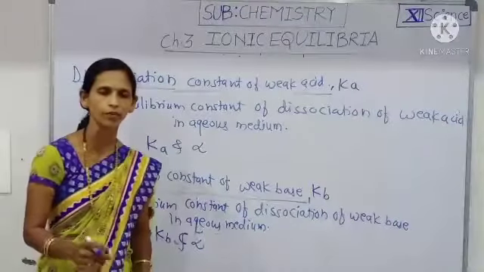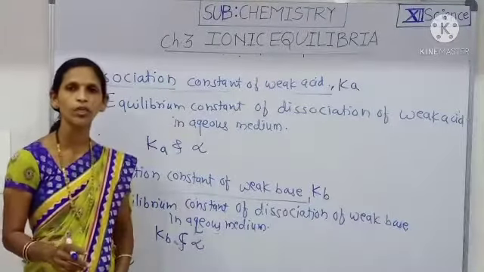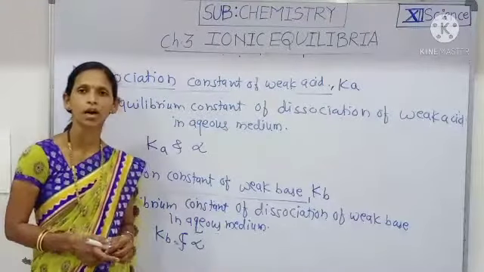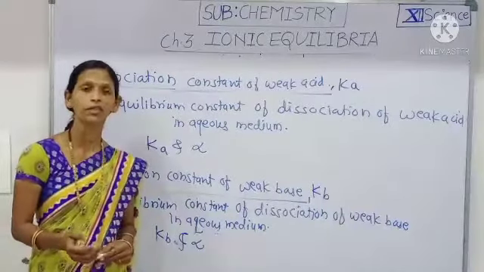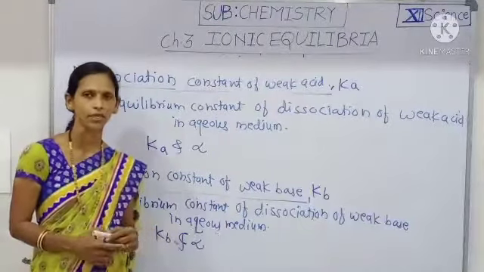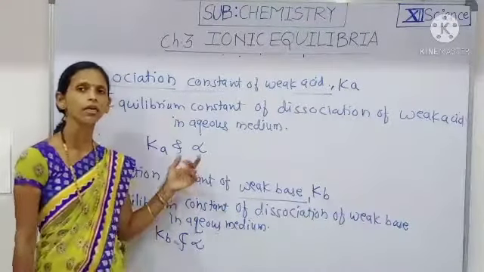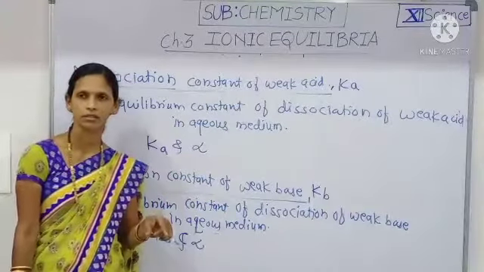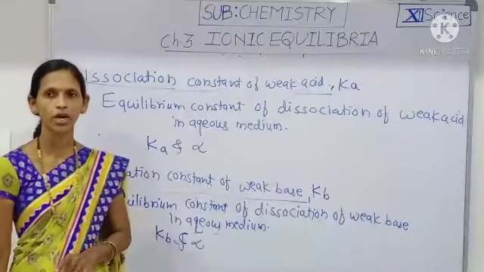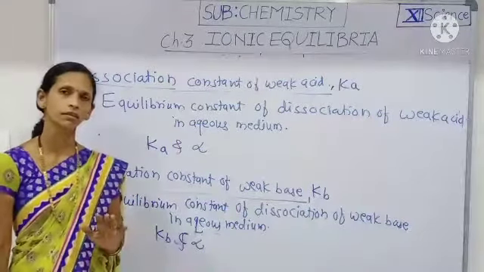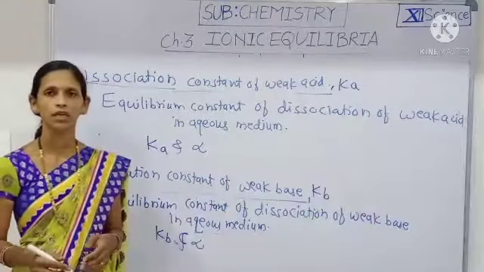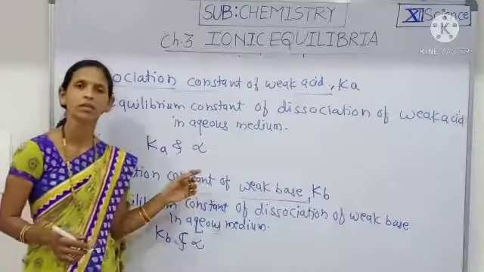That is also explained by Ostwald dilution law for weak base. Then we have discussed the Arrhenius concept, Lewis concept, as well as the Lowry-Bronsted concept of acid and base. Then the Arrhenius concept of acid and base is expressed quantitatively by Ostwald dilution law. And about Ostwald dilution law, we will be discussing in the next lecture. Thank you.